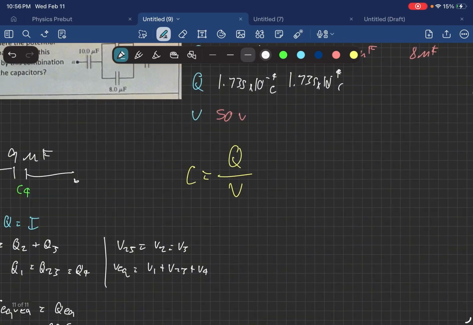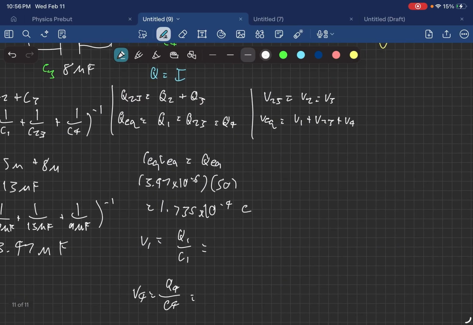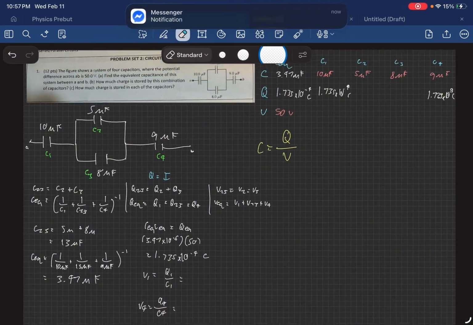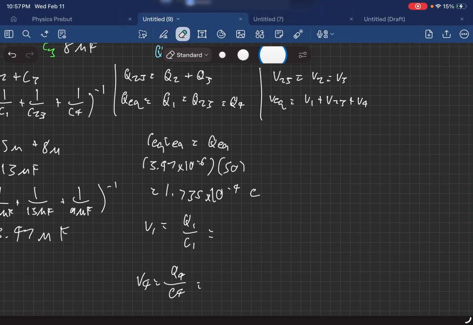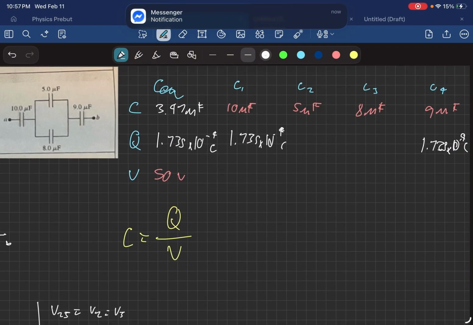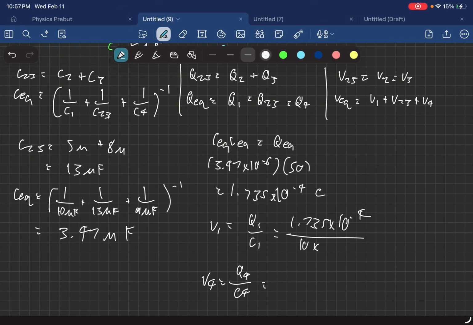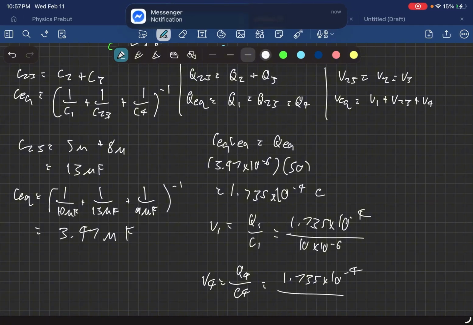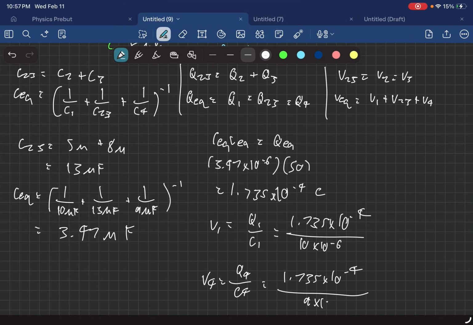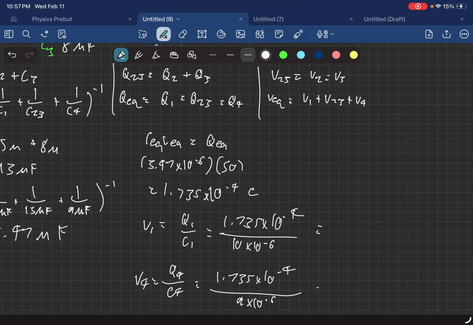Then, oh wait, hold on. Okay, alright, so Q1 is just these guys. This is very simple. 10 times 10 raised to negative 6. This is 9 times 10 raised to negative 6. Okay.